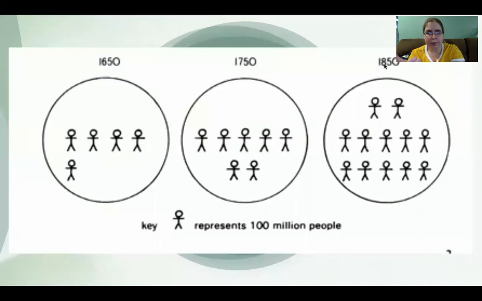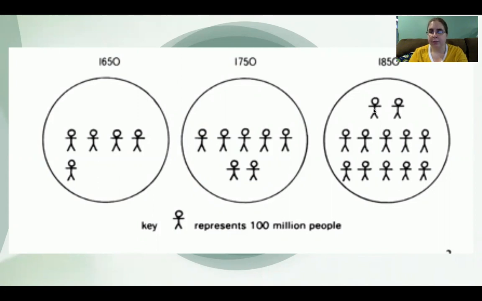Now each stick person represents 100 million people. So in 1650, there were 1, 2, 3, 4, 5 times 100 million, so 500 million people. In 1750, there's 1, 2, 3, 4, 5, 6, 7, 700 million people.